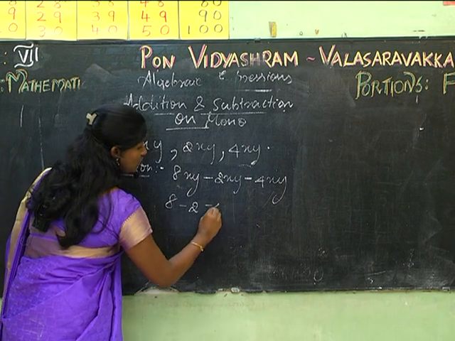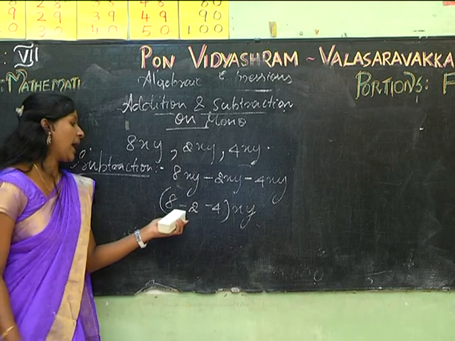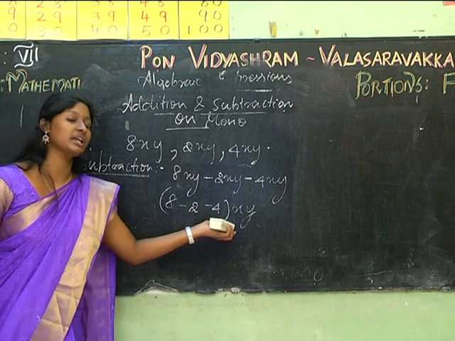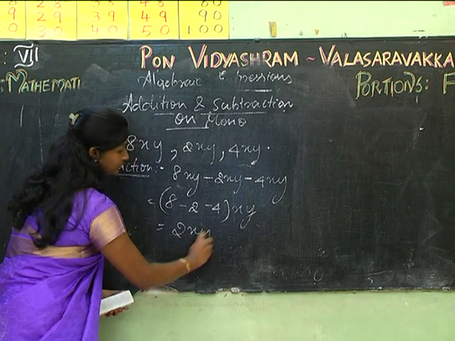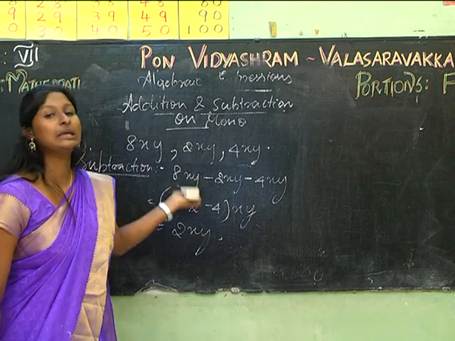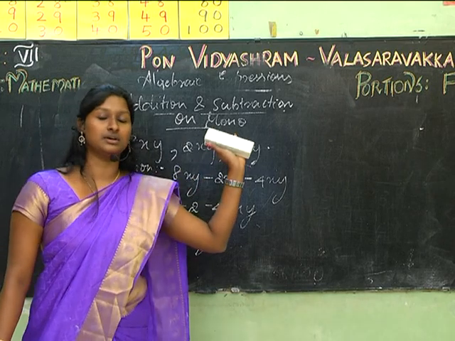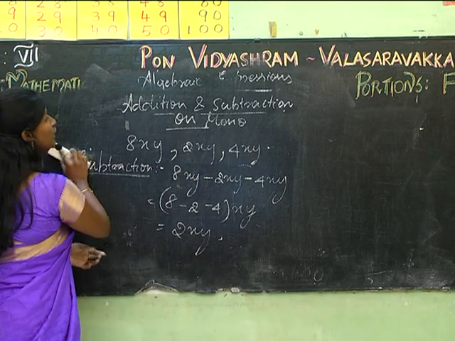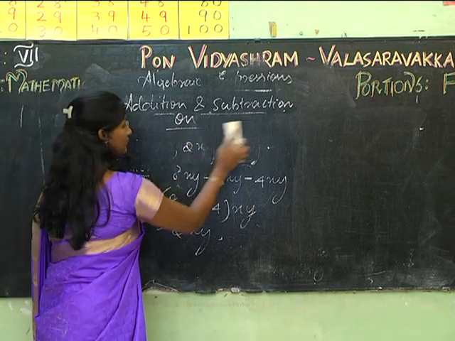So 8 minus 2 minus 4, into xy is common. So 8 minus 2 is 6 and 6 minus 4 will give you 2. So it is equal to 2xy. This gives you the subtraction for the given three monomials. Next I'm going to perform addition and subtraction on binomials.